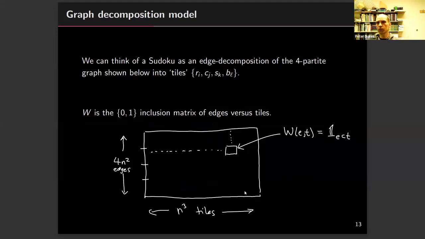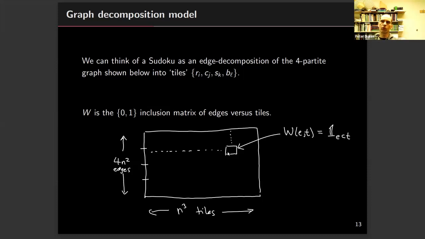I mean, you just have a choice of a row, column, and a symbol, and then a corresponding box for the row and column. And this is basically just the 0, 1 inclusion matrix of edges versus tiles. So we have in a given entry a 0 if that edge is not present in the tile, and a 1 if it is. So now this is the matrix that is important for us.